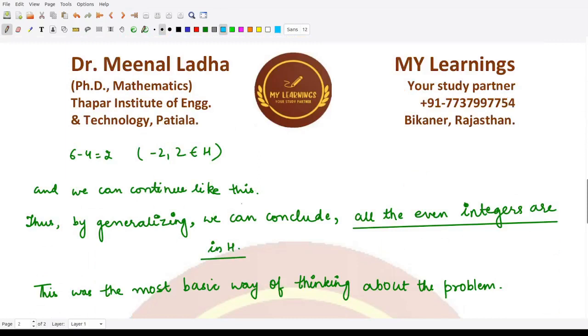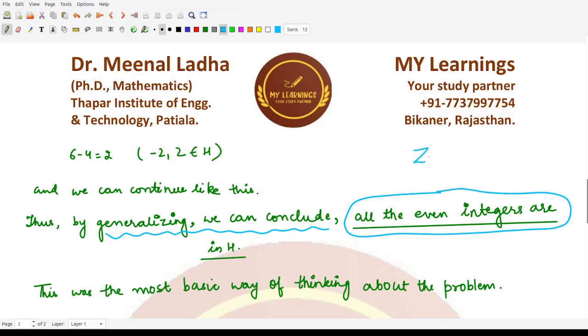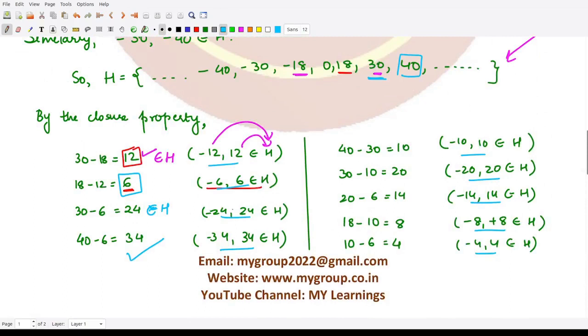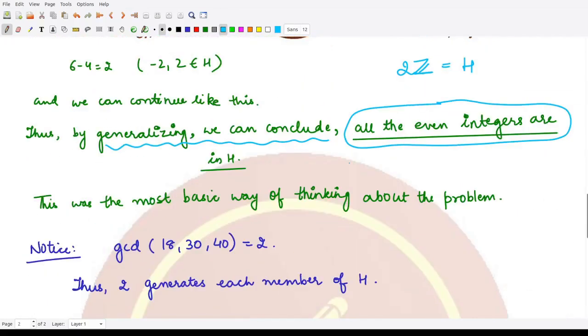We can continue like this, and generalizing the result, you can conclude that all the even integers of Z are also present in H. So whatever you get by multiplying by 2 is your H. All the even integers are present in H, because by taking any two even numbers, you cannot obtain an odd number.